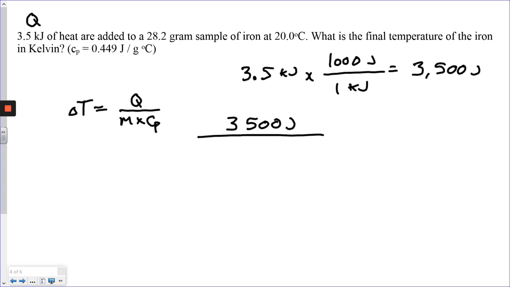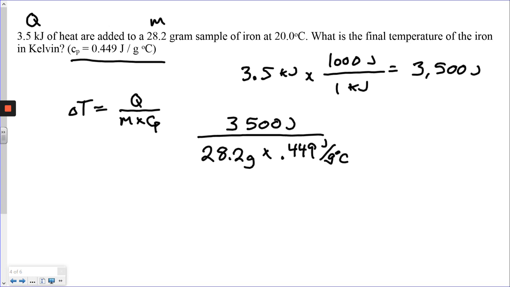Over our mass, which is 28.2 grams, times our specific heat. And the specific heat is given to us in this problem, so it is 0.449 joules per gram degree Celsius.